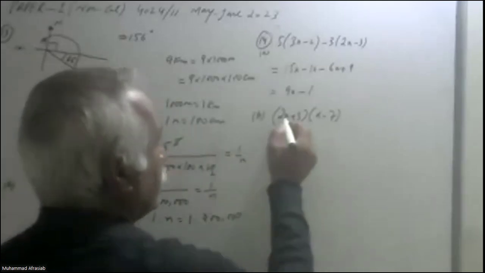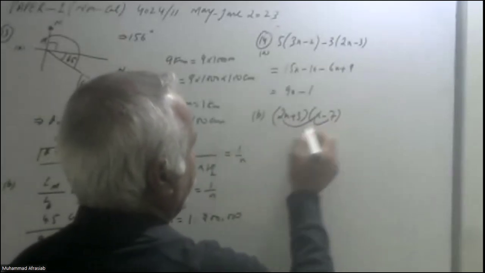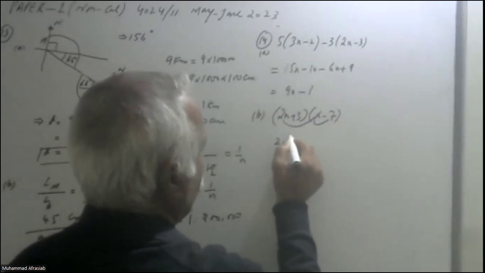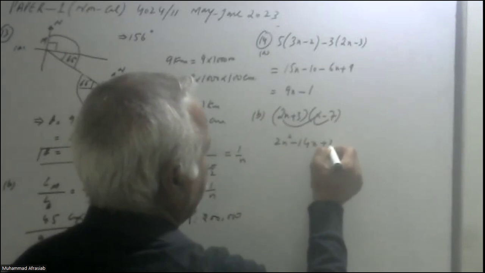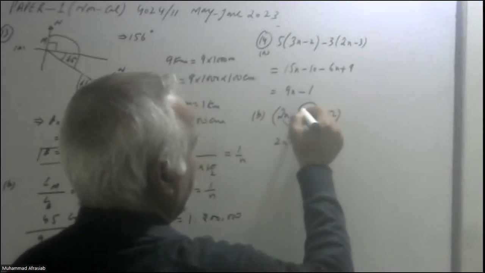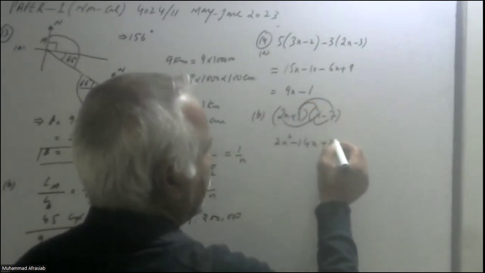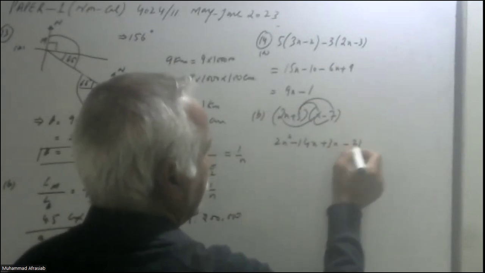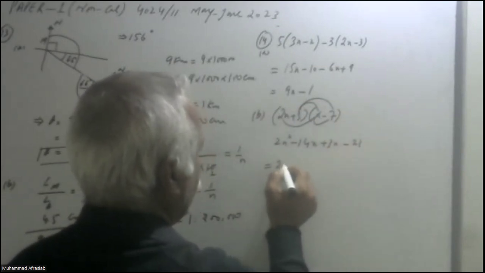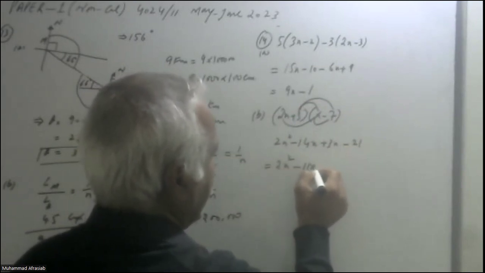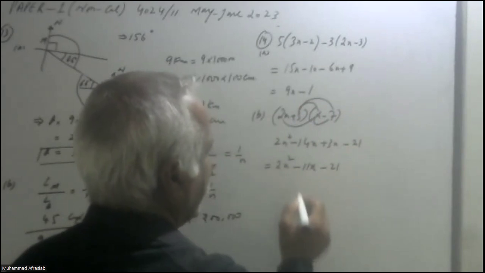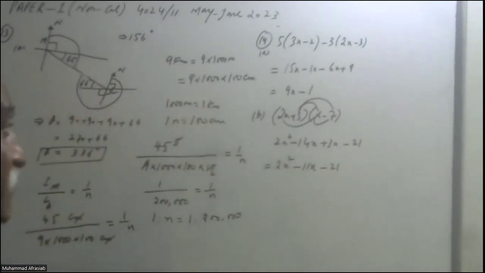So 2x into x minus 7, that will be equal to 2x square minus 14x plus 3x into 3x minus 7, or that thing will be equal to 2x square minus 11x minus 21 is the answer of this question number 14 part B.